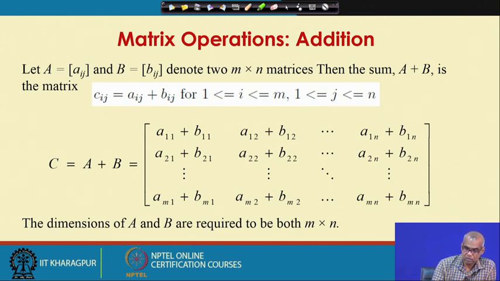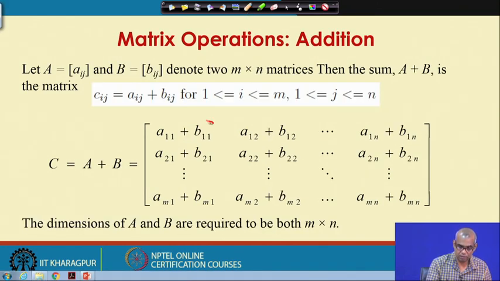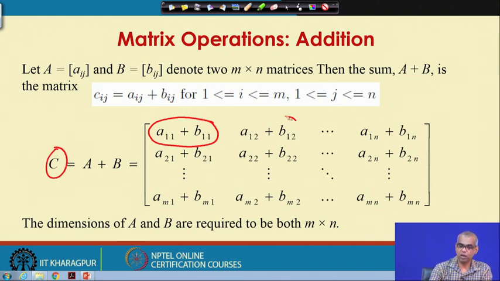So, the first element of the matrix that is the sum of A and B will be a_11, which is the first element of matrix A, first row, first column, plus the first row, first element of the matrix B. So, a_11 plus b_11 will be the first row, first column element of matrix C. Similarly, all other terms.